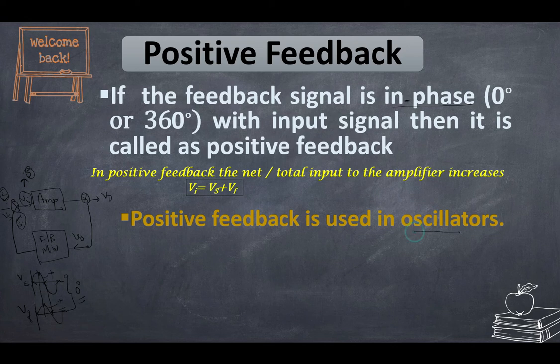Positive feedbacks are used in oscillators because generally we don't have this input voltage. Oscillators are the circuits which produce output without any AC input, and hence it requires some push up to generate oscillations. That is being done if this is increased for every loop.